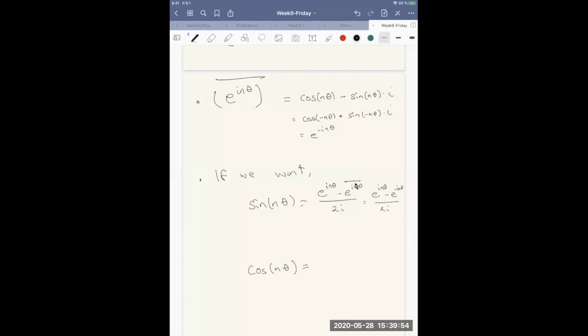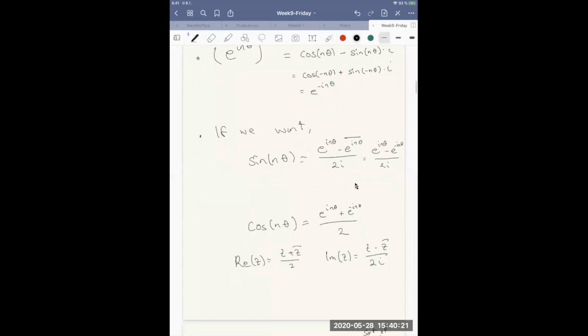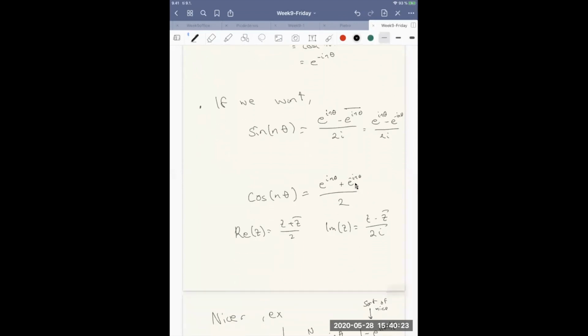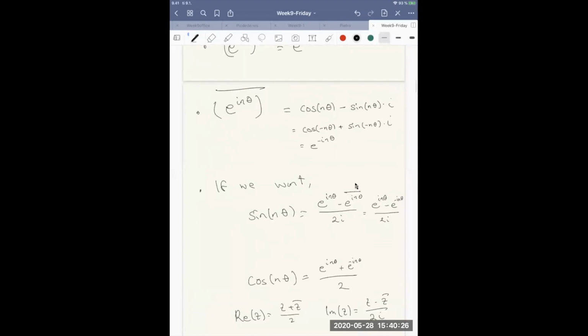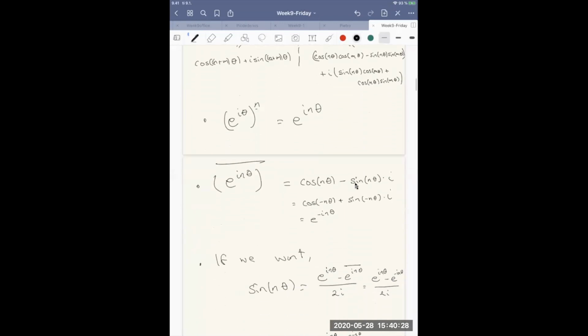And cosine can be represented as the number plus its conjugate, in that case without the minus. So what we're using here is that the real part of z is z plus z bar over 2, and the imaginary part of z is z minus z bar over 2I, essentially, with an I because we insist that imaginary parts are actually real numbers. These identities are all that we need, actually, these 4 identities.